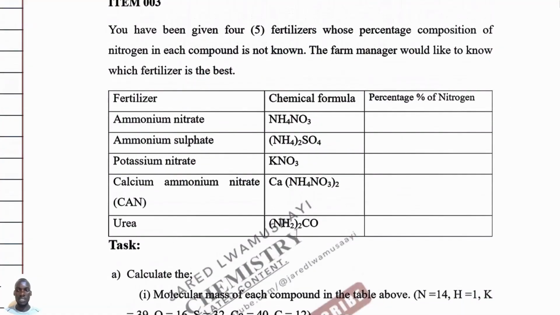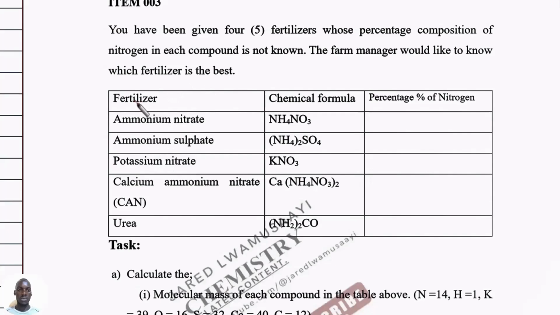The scenario reads, you have been given 5 fertilizers whose percentage composition of nitrogen in each compound is not known. The farm manager would like to know which fertilizer is the best. We have the table drawn with 3 columns.